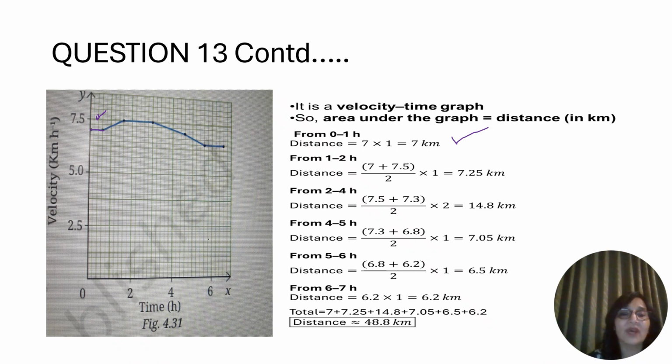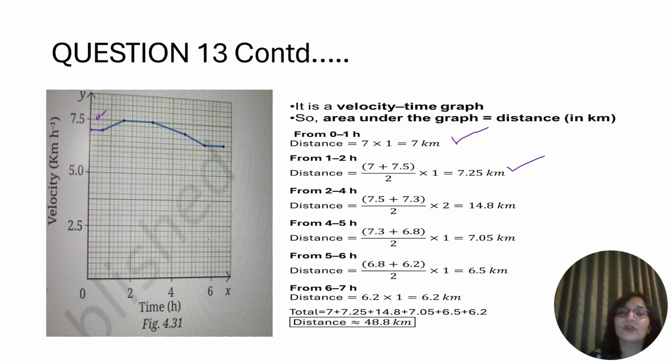Next is from 1 to 2. Now, as I explained to you in the previous question as well, to calculate the distance, we take the average velocity, that is, divided by 2, into time. So 7 plus 7.5 upon 2 will give you 7.25 kilometer.